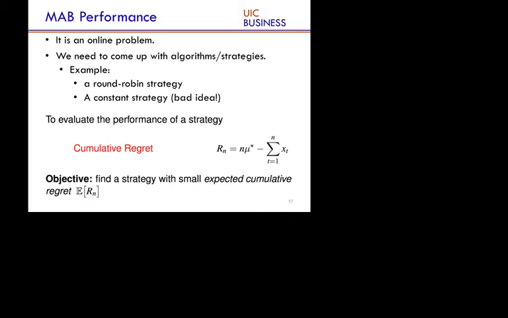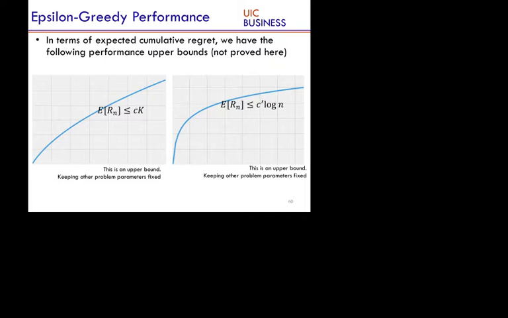This is what the two plots were trying to show, in the sense that if I keep other things fixed, it grows linearly with the number of arms. So if an instance has 100 arms, then people have proved an upper bound for any instance which has 100 arms. They can tell you what the maximum expected regret can be for this algorithm.